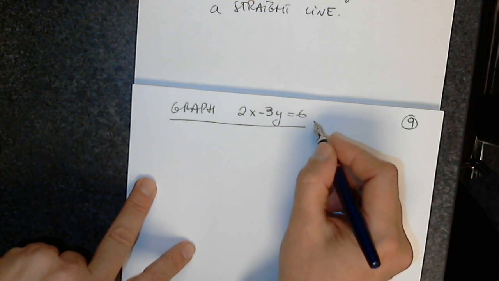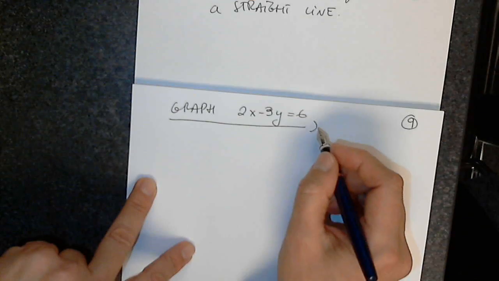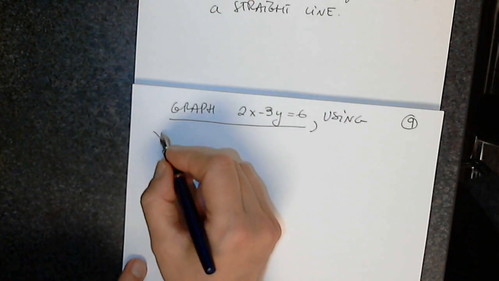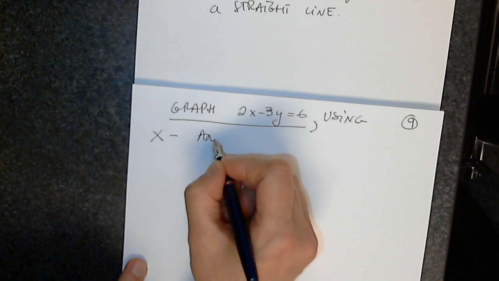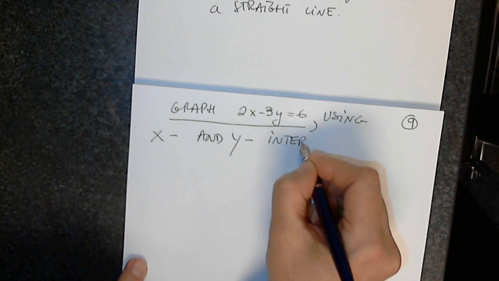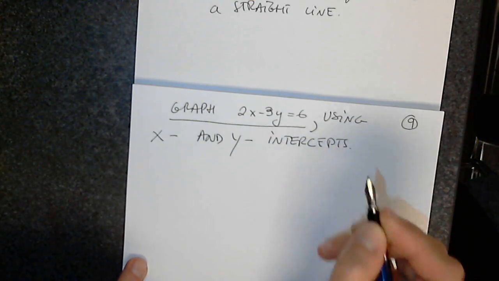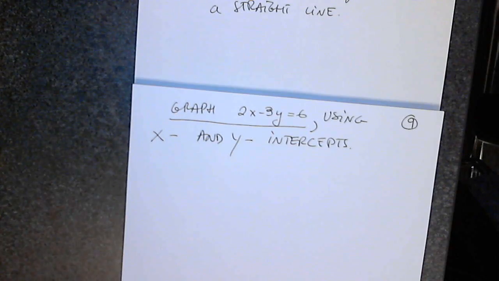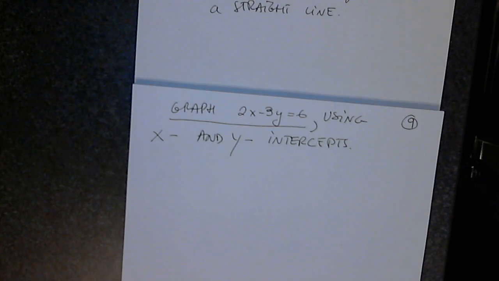And I'm going to say, very important what follows now, using X and Y intercepts. Graph 2x minus 3y equals 6 using X and Y intercepts.